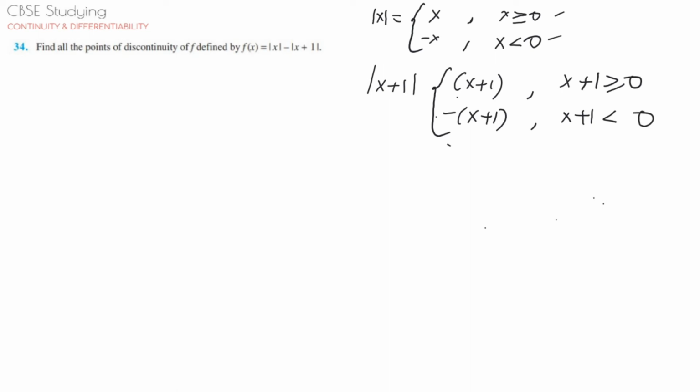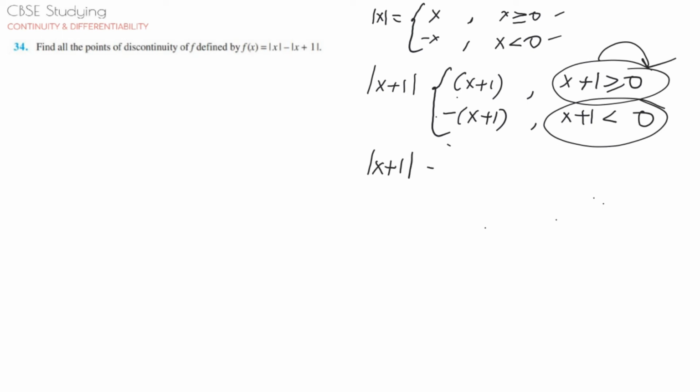So now if I have to solve this inequality and I take 1 on the other side, what will I get? I will get x plus 1 when x is greater than or equal to minus 1, and minus x plus 1 when x is lesser than minus 1, right?